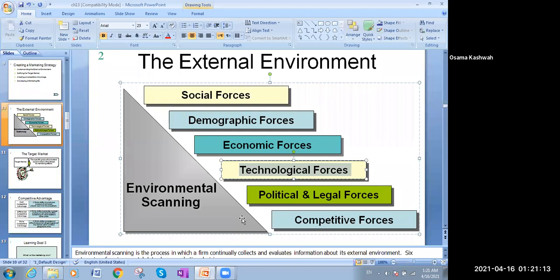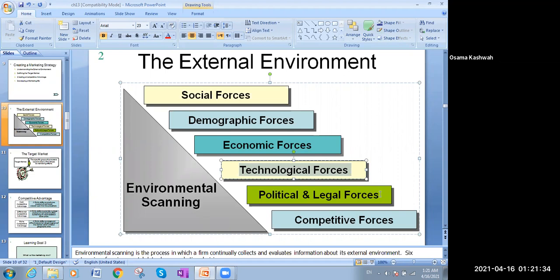We have B2B, means business to business, B2C, which means business to customer, C2B means customer to business, and all those are types of technological forces. Actually, it is generated with the technological boom.